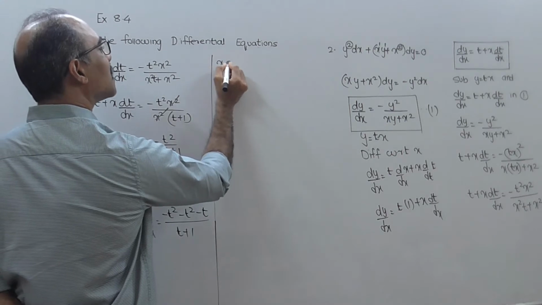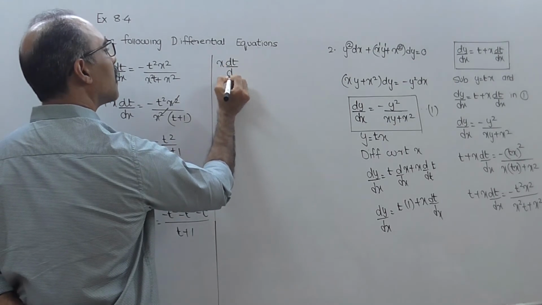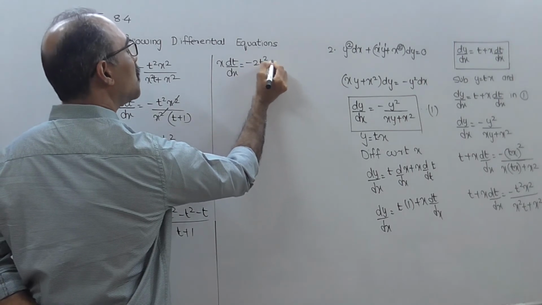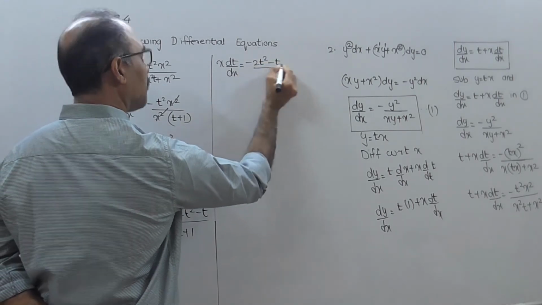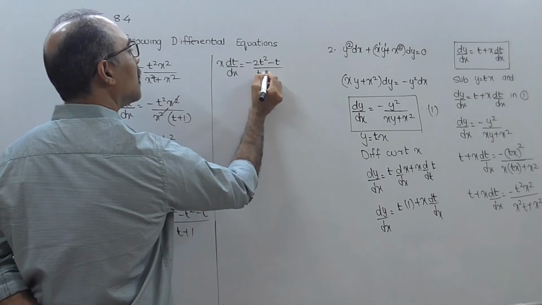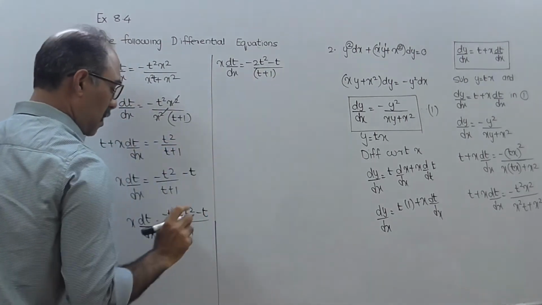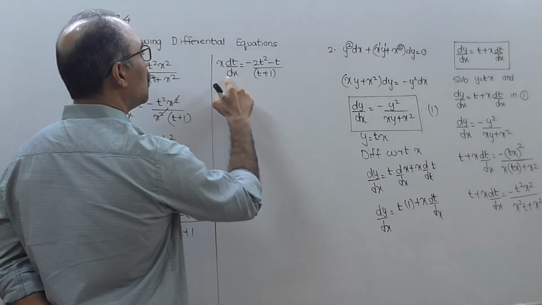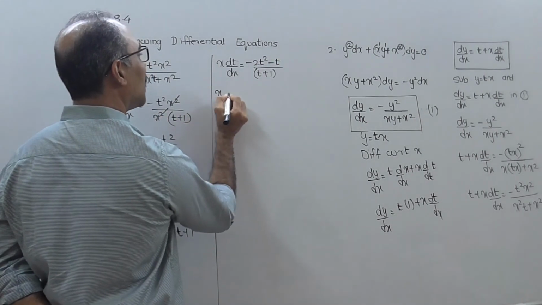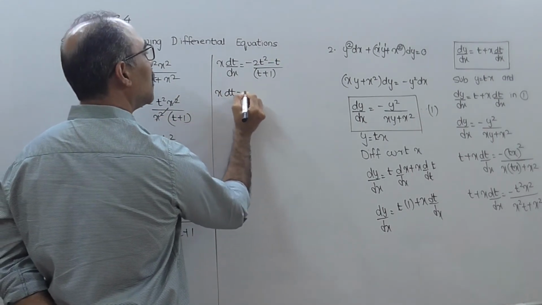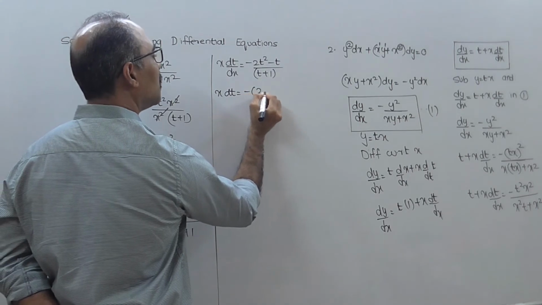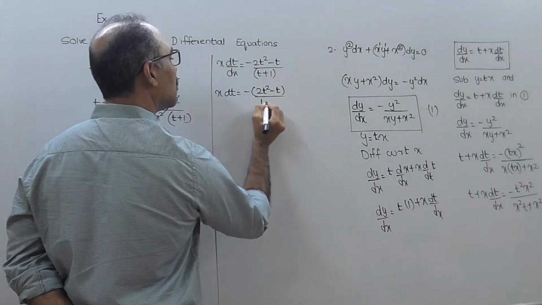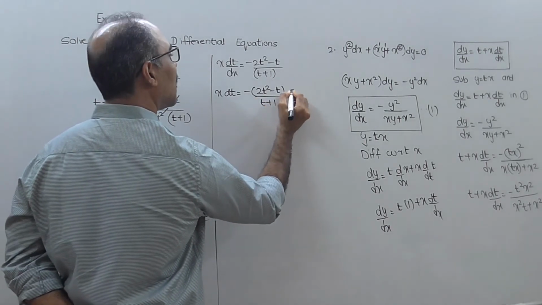So this is x times dt by dx equal to, you get minus 2t square minus t the whole upon t plus 1. Now what you do is you take that dx there, you get x dt equal to minus common. We can have this as 2t square plus t the whole upon t plus 1 and dx.